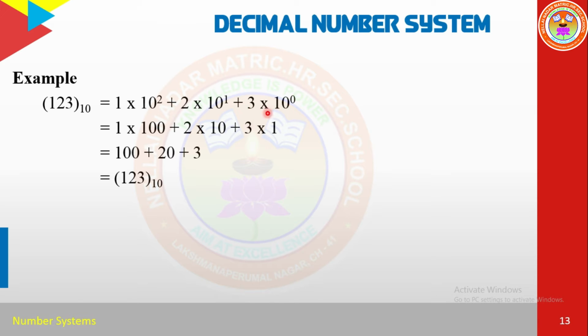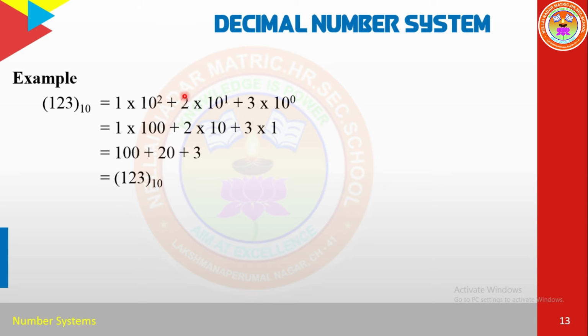So 3 into 10 power 0, plus the next number, 2, which is 2 into 10 to the power of 1. The first position is 0, the next position is 1, then 2, and if we have one more number, the next position is 3, like that. So 10 power 0, 10 power 1. Now 10 power 1 is the first position.